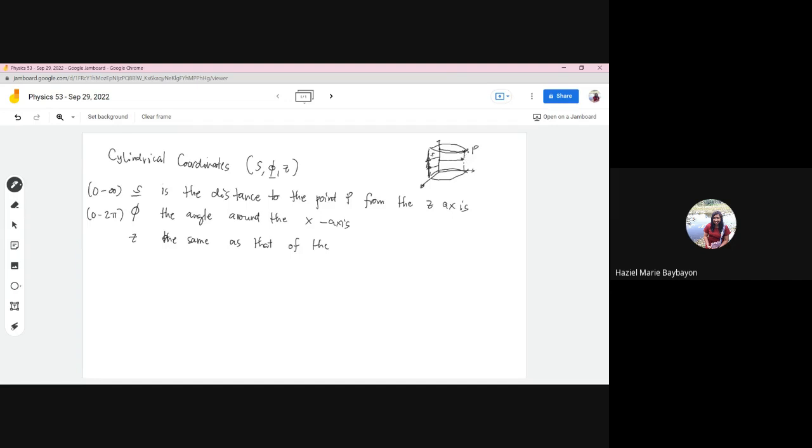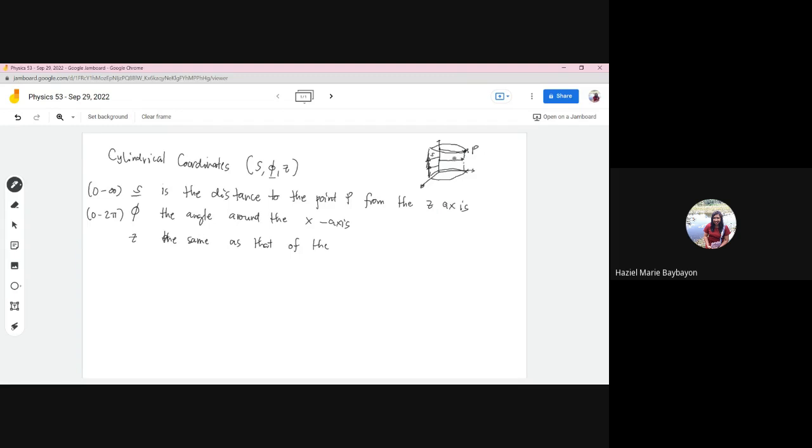Okay, so suppose we have a point P here, then we can make a cylinder that is centered at the z-axis. Ang center niya class is positive z-axis for this example. And then point P coincides with the body of the cylinder.